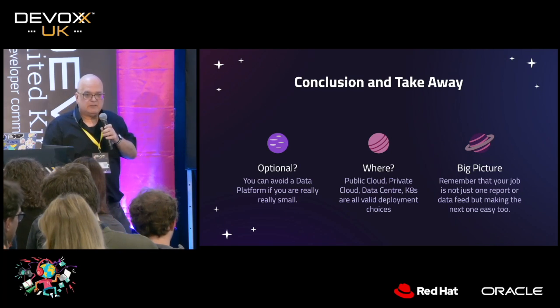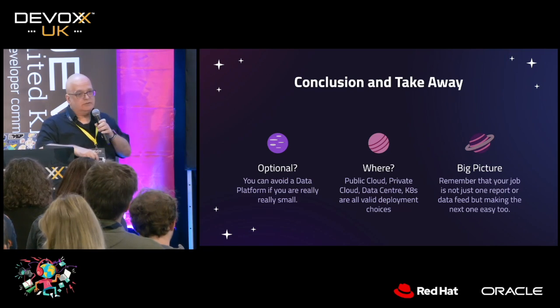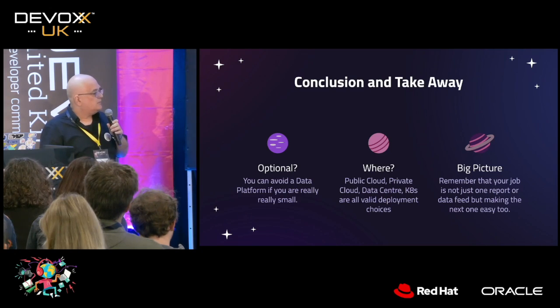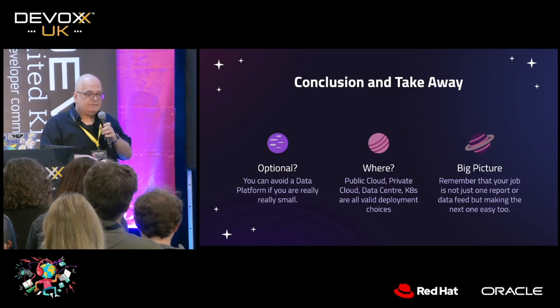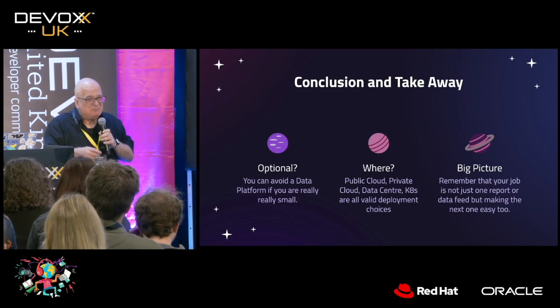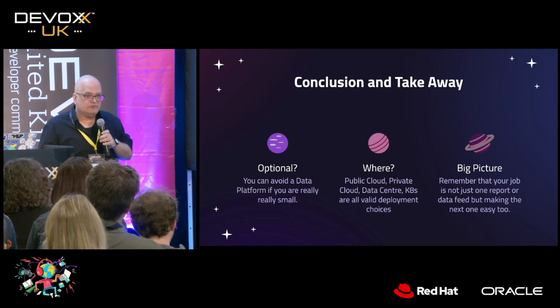You know what the big companies are. You can use their software. You can use your own. You can deploy stuff to Kubernetes and run it pretty much wherever you like. You can buy data platforms that are suitable for you, or you can build your own. I don't recommend building your own because it's possibly a bit of a poor use of your time, but you can do it. Those are all valid deployment choices.